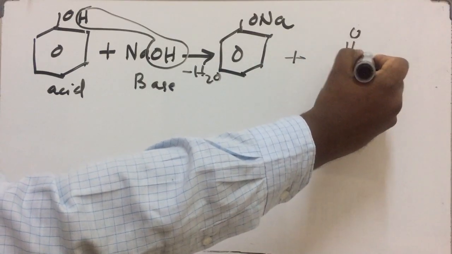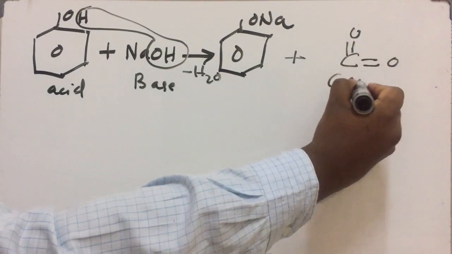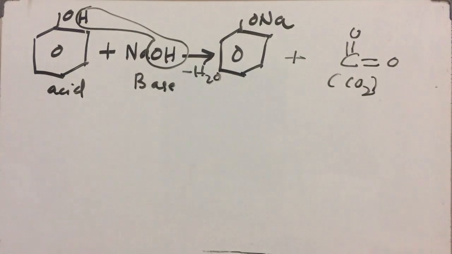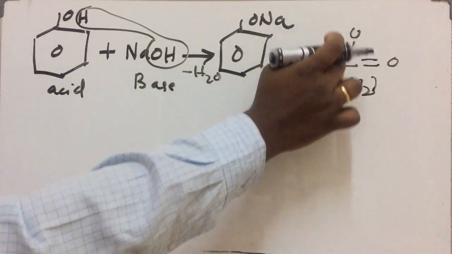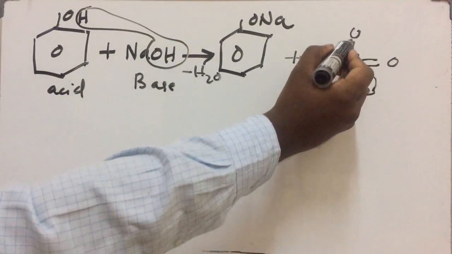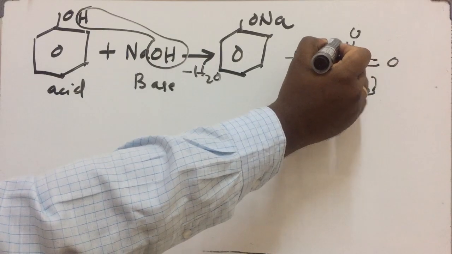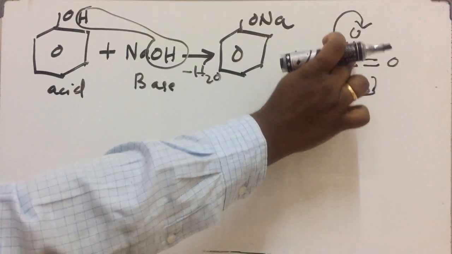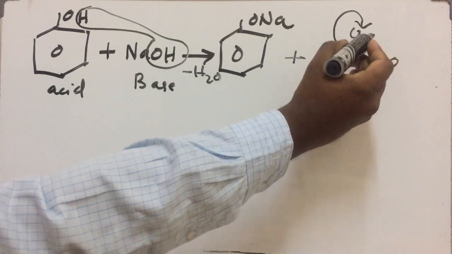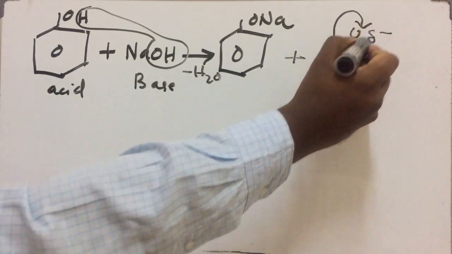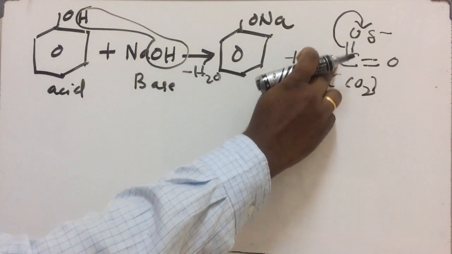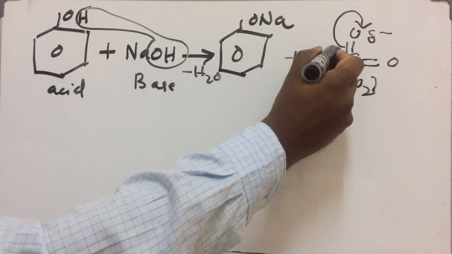The structure of carbon dioxide is like this: CO2, C double bond O, double bond O. Due to the electronegativity difference, carbon shifts the pi electron to oxygen, because oxygen is more electronegative than carbon. So oxygen becomes delta negative and carbon becomes delta positive.